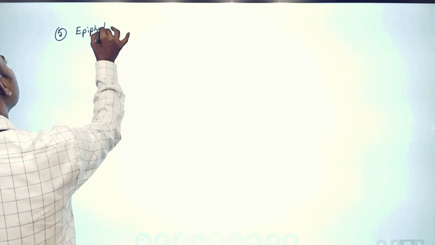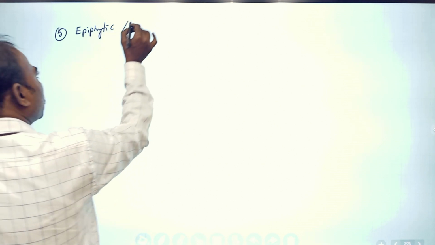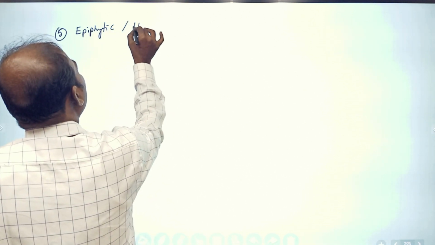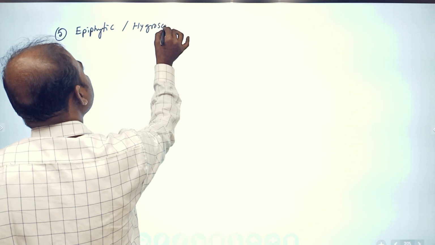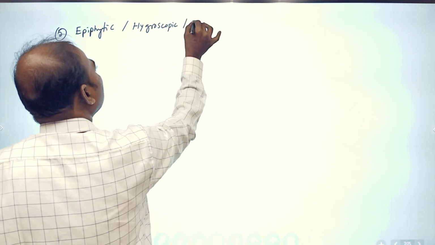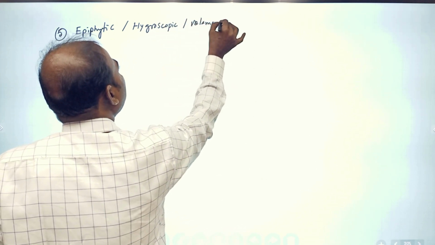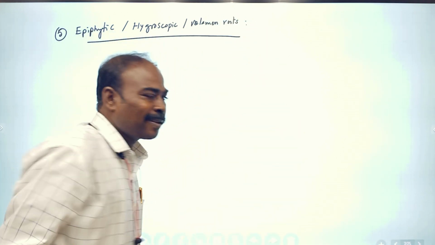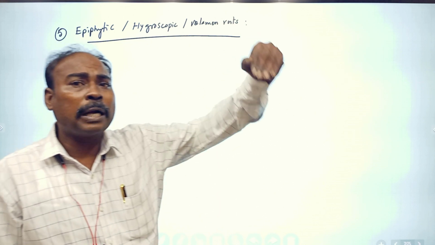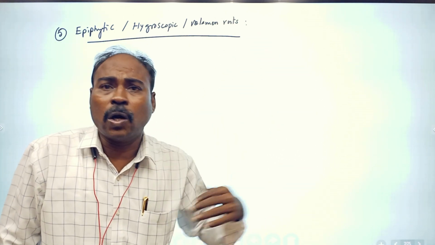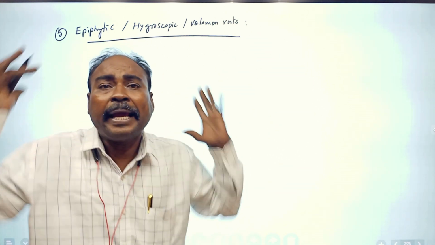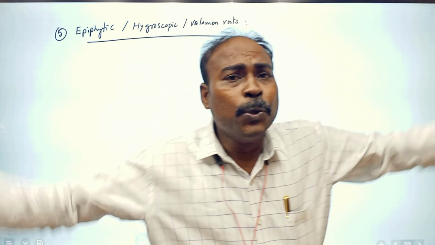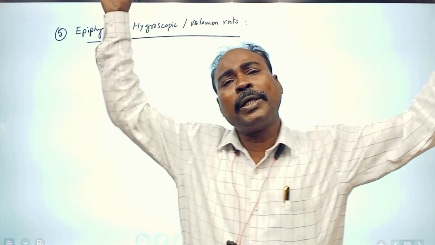Epiphytic roots are hygroscopic or velamen roots. The plants which grow on other plants are called epiphytes, as already told. In thick forests, huge branches and huge tall trees are there.